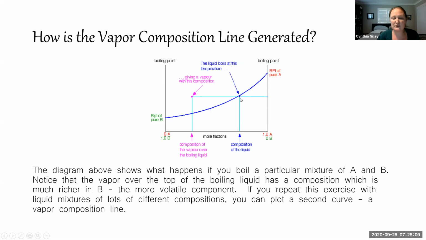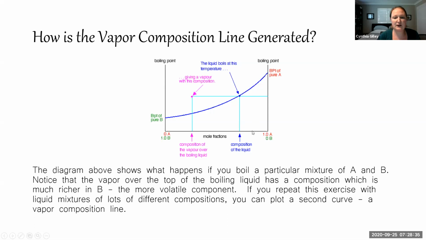When it boils, you can collect some of the vapor and measure the composition of the vapor. And we'll find that if we draw a straight line over to this point, the two mole fractions, the one of the liquid and the one of the gas above the liquid at its boiling point, can be graphed and we can get a series of data points.